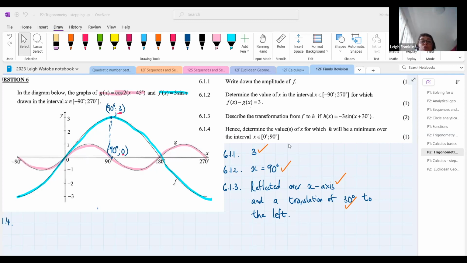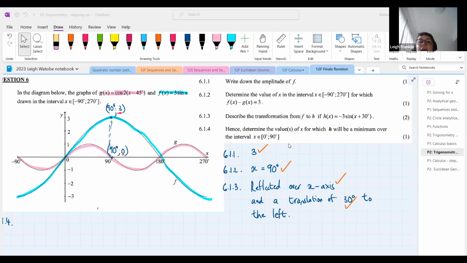So we now have a graph h of x. And when they ask us to determine the value or values of x for which it will be a minimum, they're asking us for the smallest output, the smallest y value. We want to know what x value the smallest y value will take place at in the interval between 0 and 90. So what will be the smallest y value when x is equal to 0 and x is equal to 90 in our transformation?